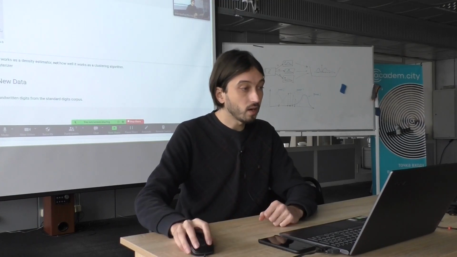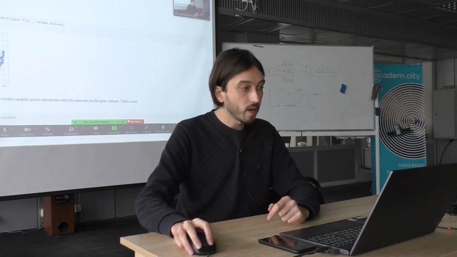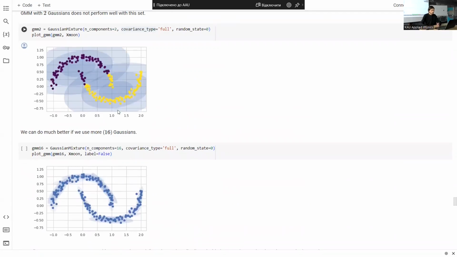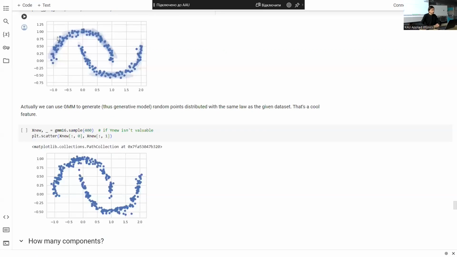So taking into account all these criteria like BIC, AIC, and so on, I will get some information on how good my generative model is, so how well GMM will generate data for me, but not how well it will clusterize. So please remember, these are 2 different problems. For these half moons, of course, there are 2 components. But if you want to use some sort of generation with GMM, you need many more components to cover this data set.